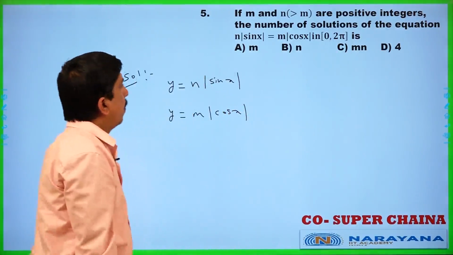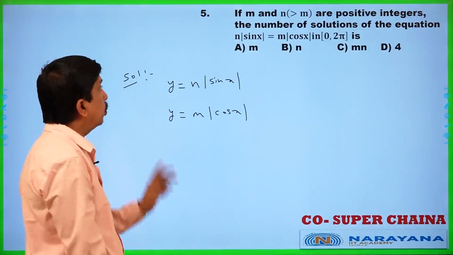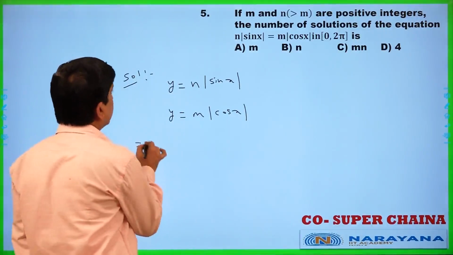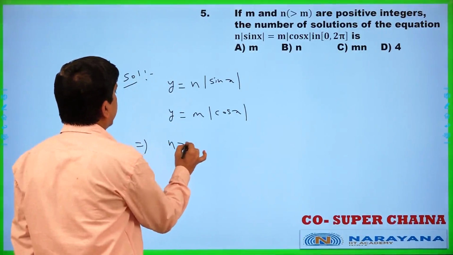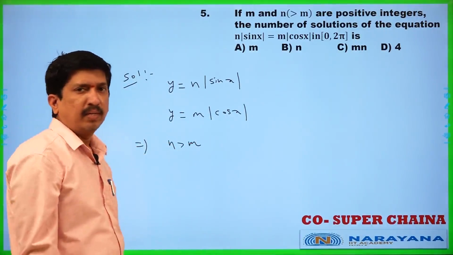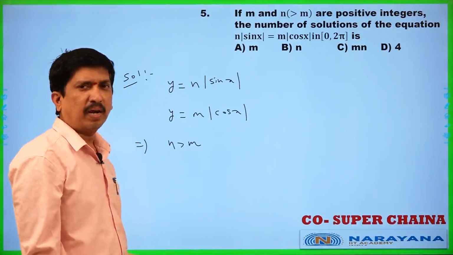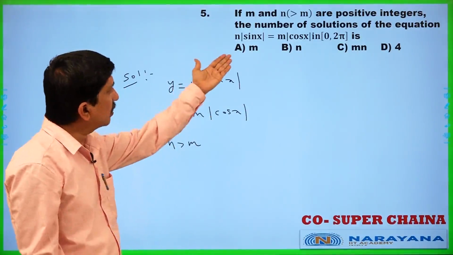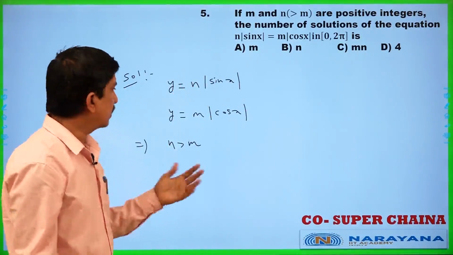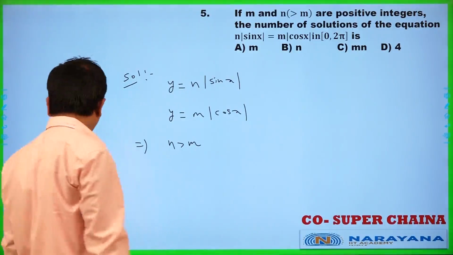Remember always, n is greater than m. You know very well the graphs of sin x, |sin x| and |cos x| from 0 to 2 pi. Let us discuss that. Concentrate, n should be greater than m only.